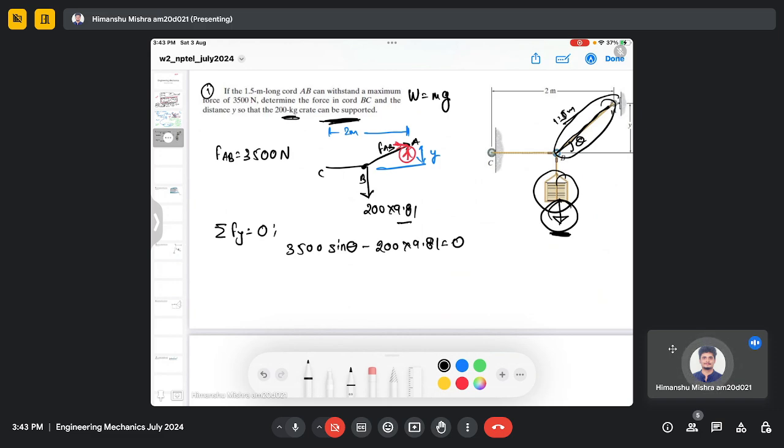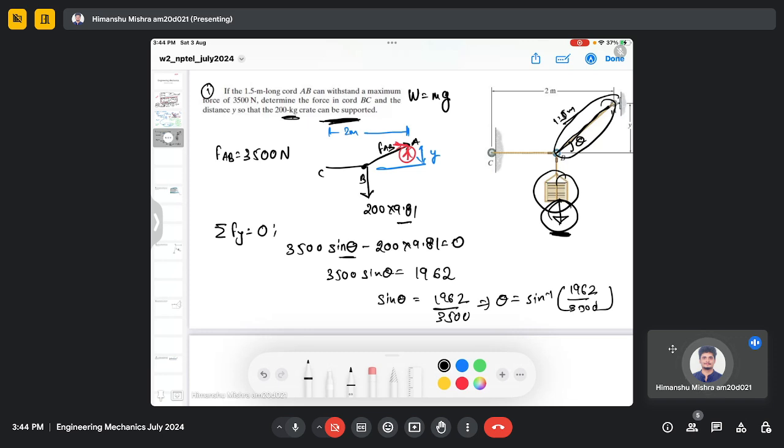So the only unknown quantity here is theta. We don't know theta. So 3500 sine theta equals 1962, so sine theta will be 1962 over 3500, which gives theta equals sine inverse of 1962 over 3500.